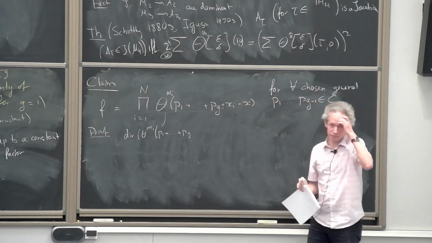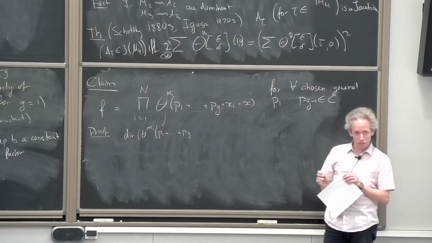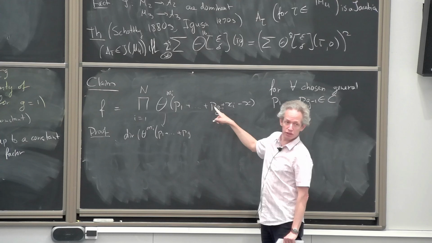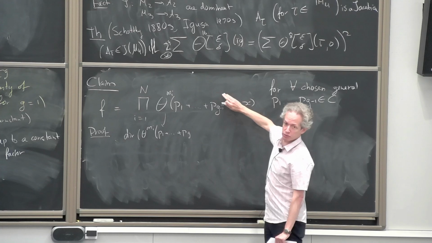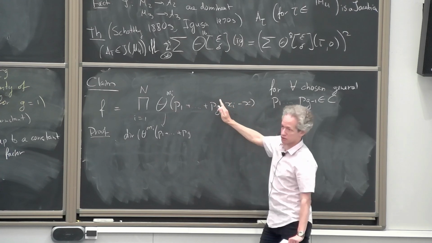These are different functions. It's not always the same function. Otherwise, it would be a rather boring statement. So I've chosen g minus 1 points completely arbitrarily. I really want them to be such that h naught of the corresponding bundle is 1 and not higher. So this is a generic point in the theta divisor, really.